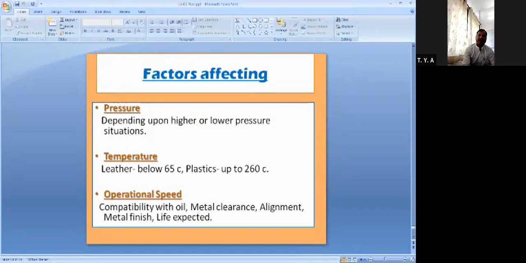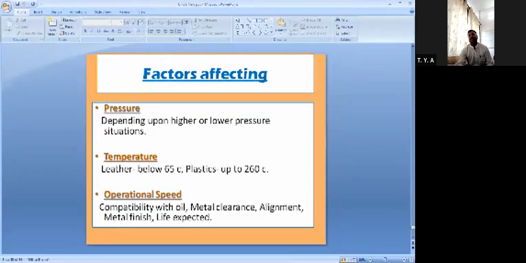The first factor we should take into consideration is pressure. This is the most predominant factor that decides the type of seal and its material.